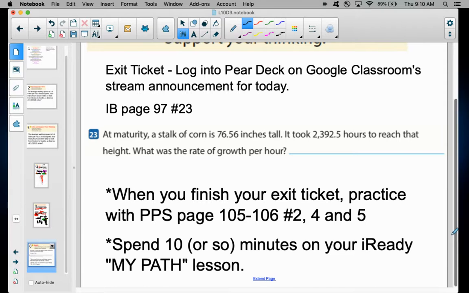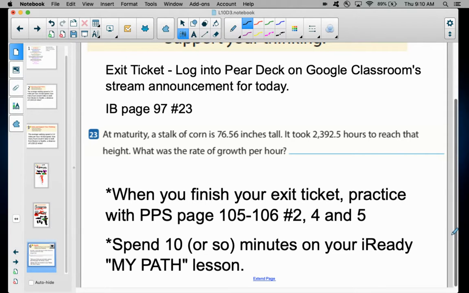I am going to extend the video just for my at-home learners who don't have a teacher with them to go through this question. So if you are in school, you can stop watching. If you are at home today, you can try this exit ticket, and then I'm going to give you the answer key explanation right after I give the directions.